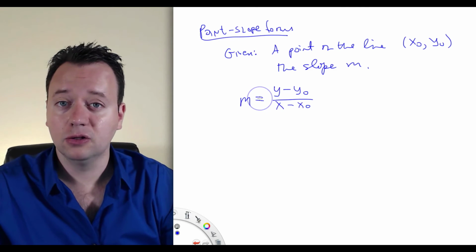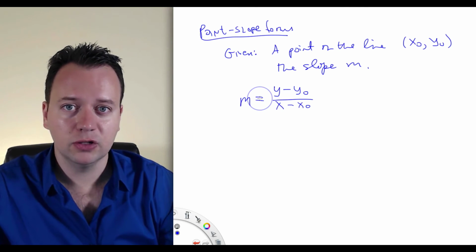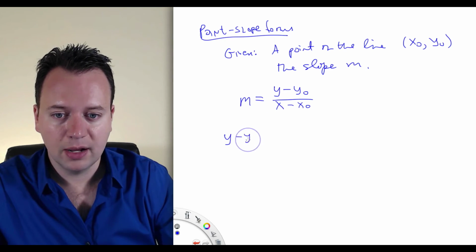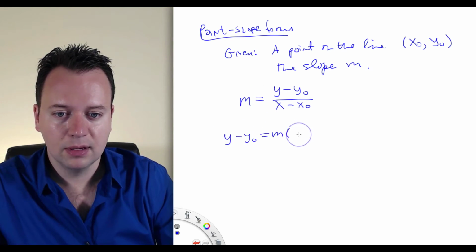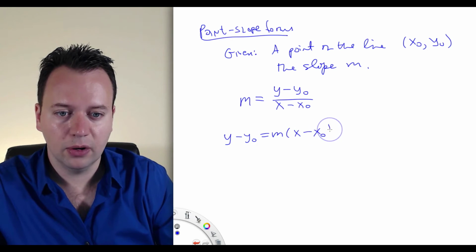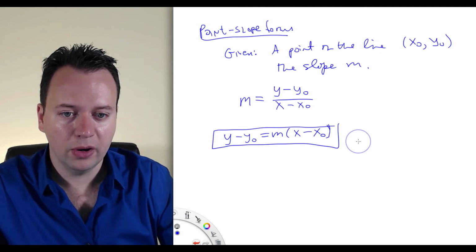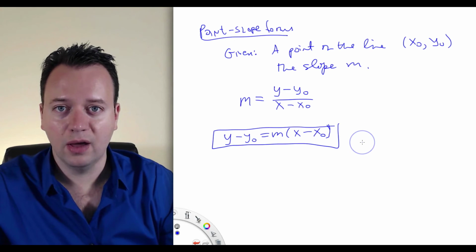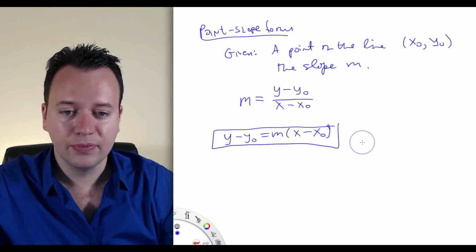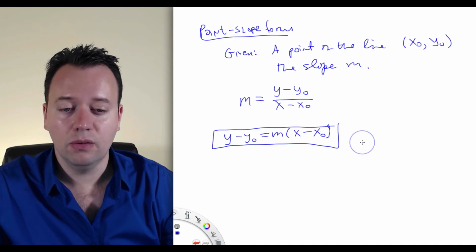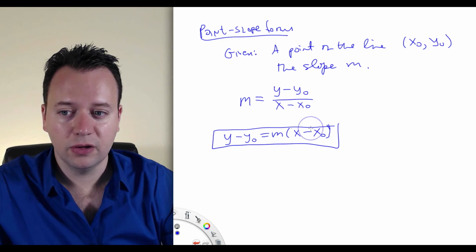Therefore we can just solve this equation for y to get a new form, and that is y minus y0 is equal to m times x minus x0. This is called the point-slope form, and it's another way of describing a line. If you have a point on the line and the slope of the line, you can come up with an equation just by using this.